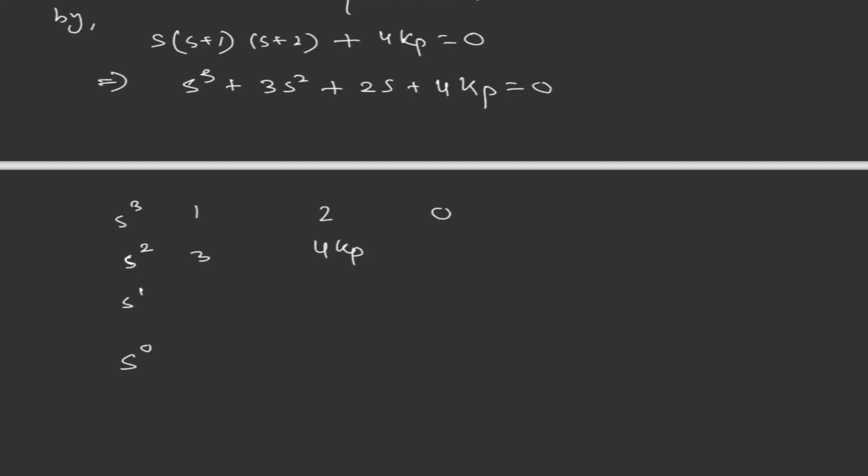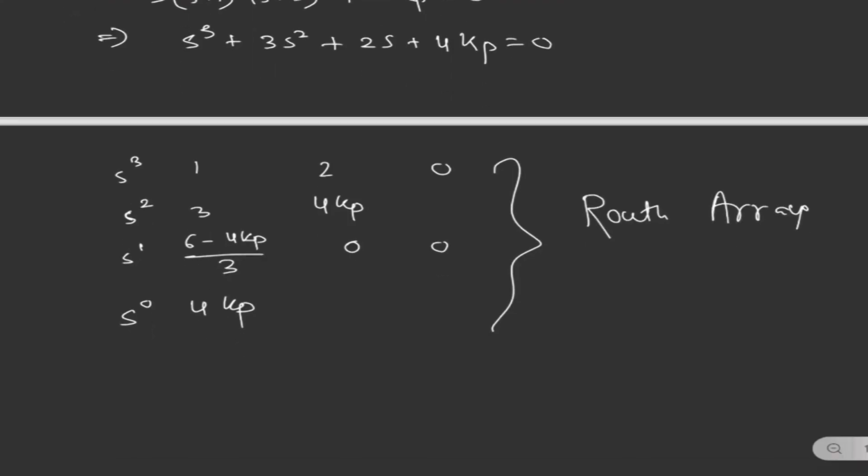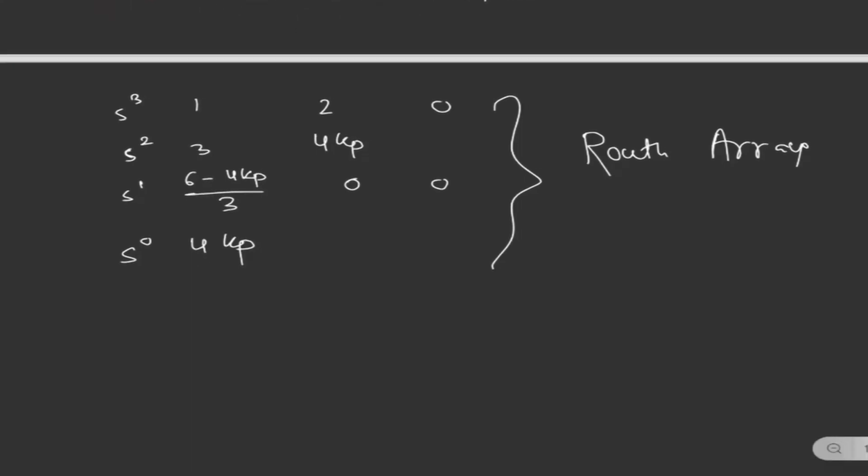For S1, we have to multiply 3 into 2, 6, minus 4 kp, divided by 3. And the remaining part will be 0. From this array, we'll find the value of kp at which the root locus crosses the imaginary axis.